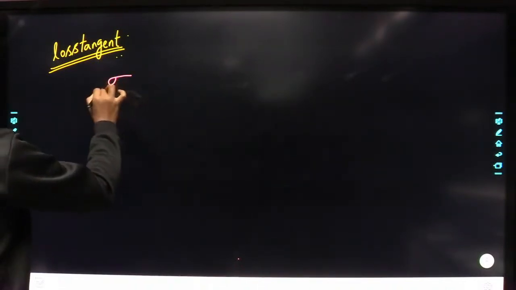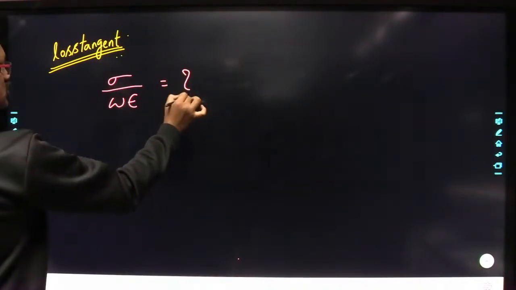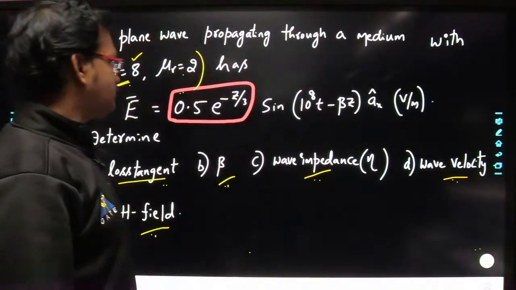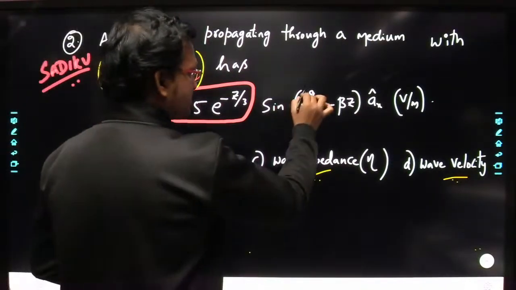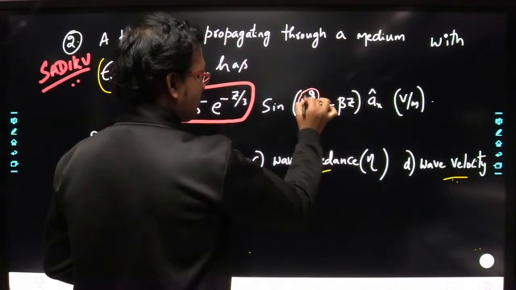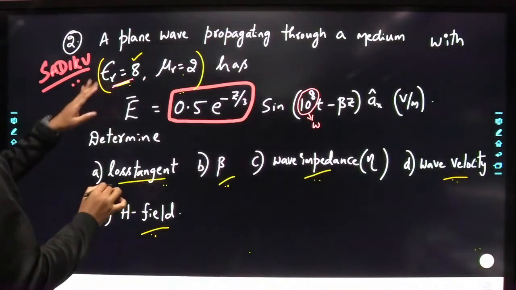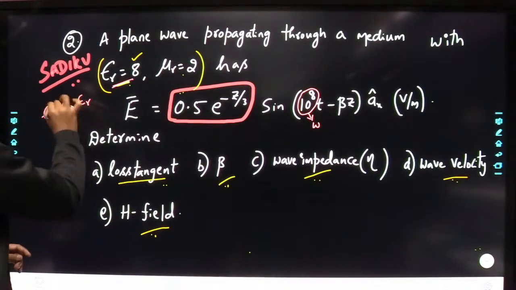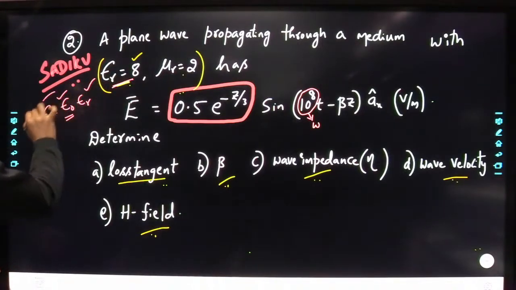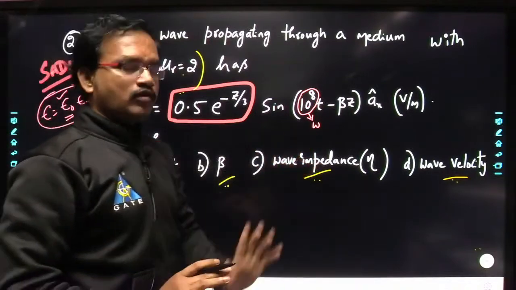Loss tangent is nothing but the sigma by omega epsilon ratio, so this is what you have to determine. But in the problem, if you observe, they have not mentioned anything about sigma. Here they have given the omega value, and here they have given the epsilon r value. So epsilon is equal to epsilon naught into epsilon r. We know the epsilon naught value, and epsilon r they have given, so we can determine the epsilon value and the omega value.